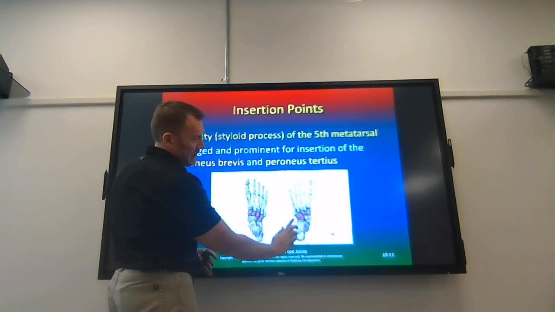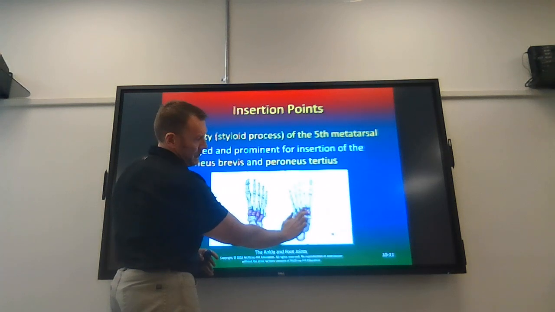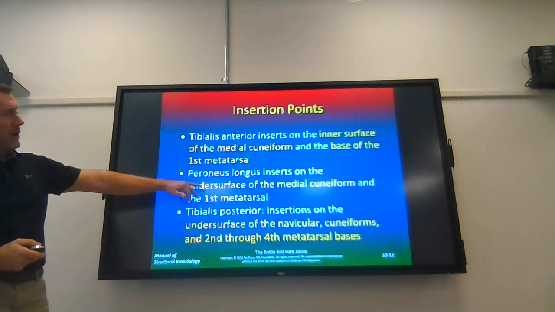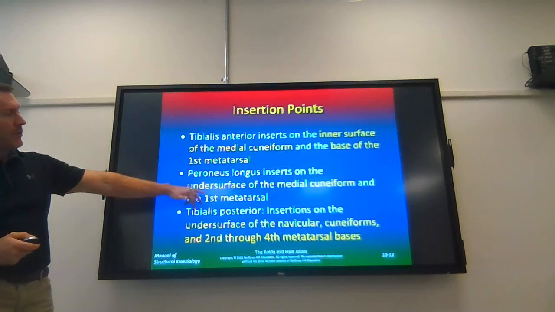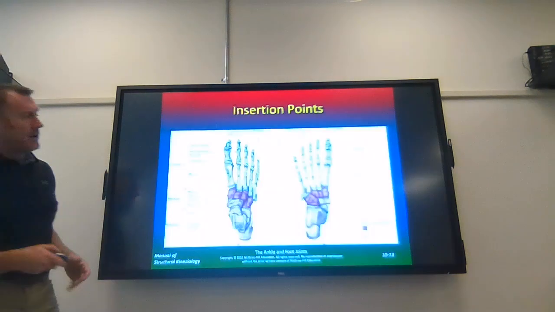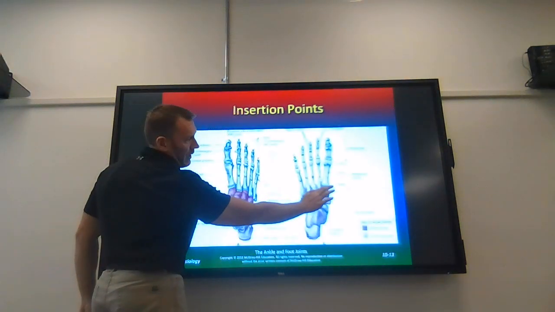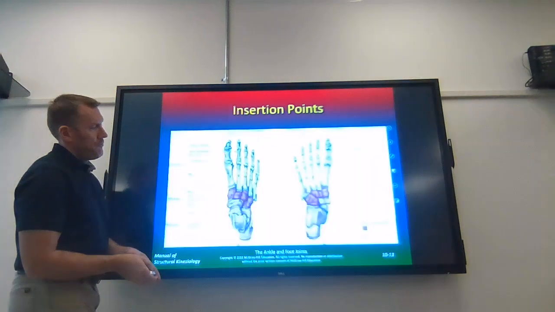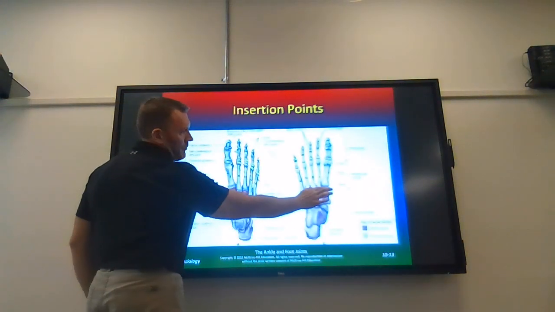So the tendon actually crosses from the lateral to the medial side, and so when it pulls, it's still going to turn the foot out. So undersurface of the medial cuneiform and first metatarsal. So that's this area right in here.